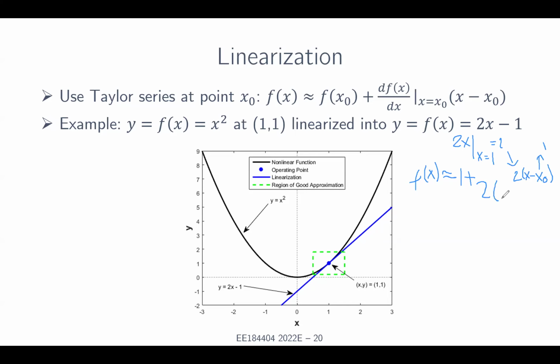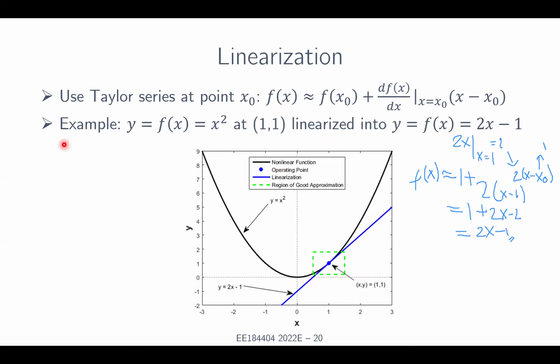So 2(x minus 1), which is 1 plus 2x minus 2, which is 2x minus 1, right? So that's f(x). We could approximate this at point 1, 1, where the result is 1, to this straight line 2x minus 1.